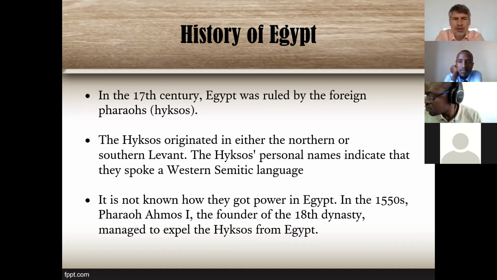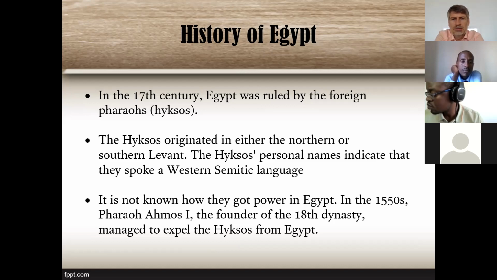In Egypt they are called Hekakasut, and these were some foreign rulers. They came to the country in the 17th century, and they ruled for a while.